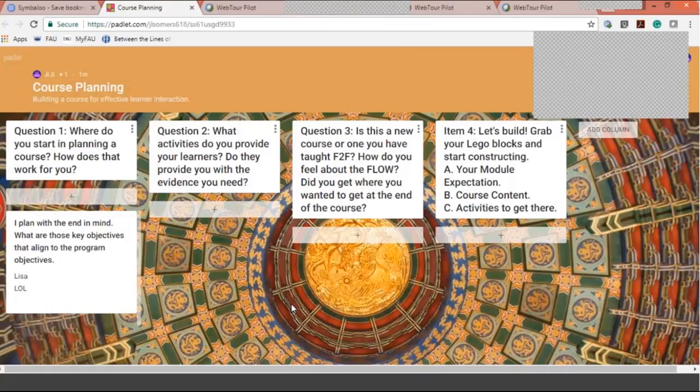And how do you feel about the flow of the course? Now we're talking, instead of individual pieces of it, about the flow of the whole course. Does it get you where you want by the end of the course? This is question 3. How do you feel about the flow of the course you've been working on?